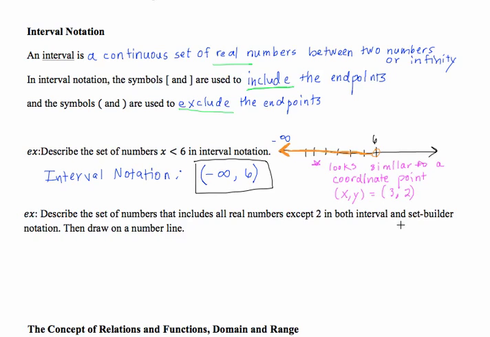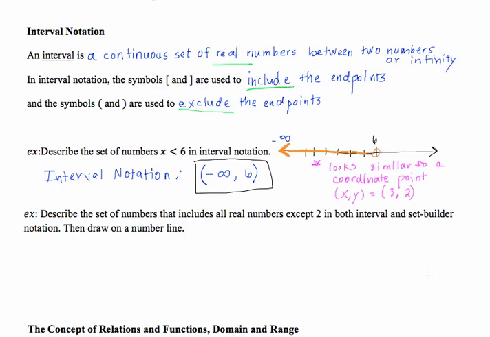So you have to know from context whether you're looking at an interval or an x, y coordinate point. Just beware, just because you see two parentheses does not necessarily mean it's a coordinate point. This has two different meanings. But again, it is the lowest number, comma, the highest number, and then you use parentheses and or brackets to include or exclude the endpoints.